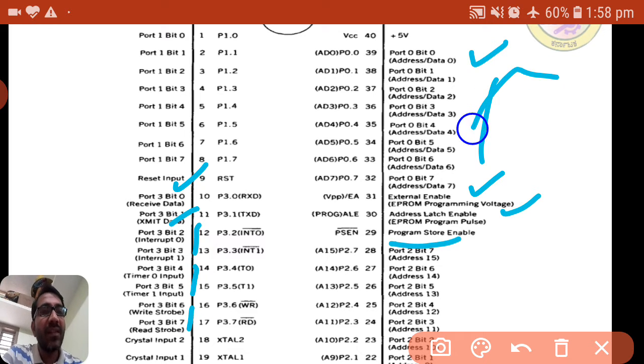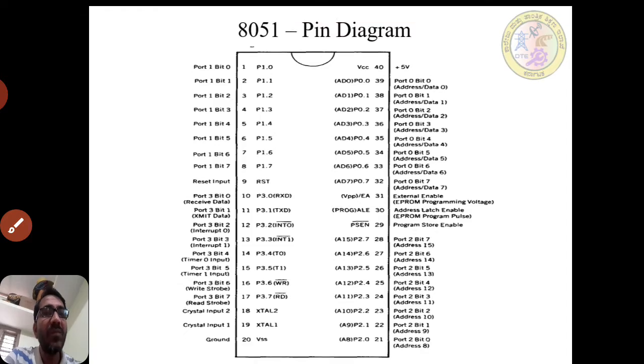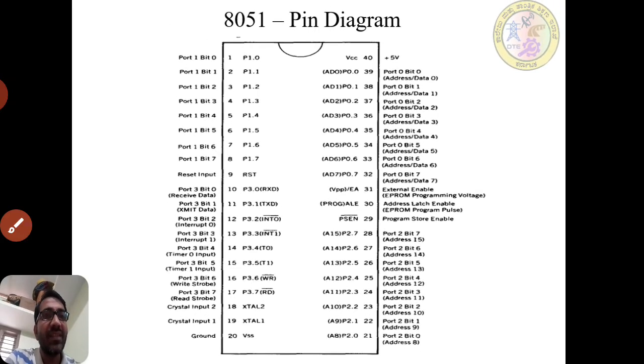We can see all these names here. The same 40 pins.